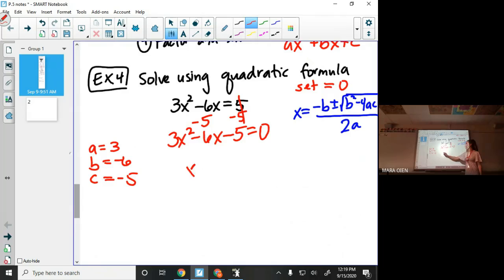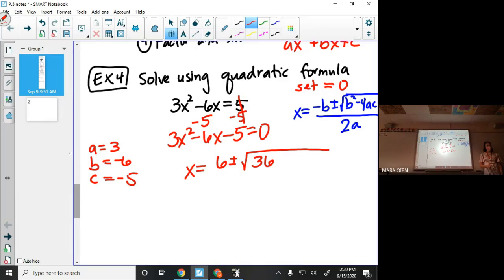So when I solve, I'm going to say x equals the opposite of b. Right now my b is a negative 6, so I want positive 6, plus or minus the square root of, and I usually do this step in my head, b squared. So negative 6 times negative 6 would be a positive 36.